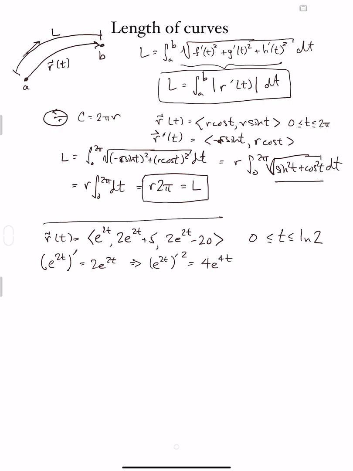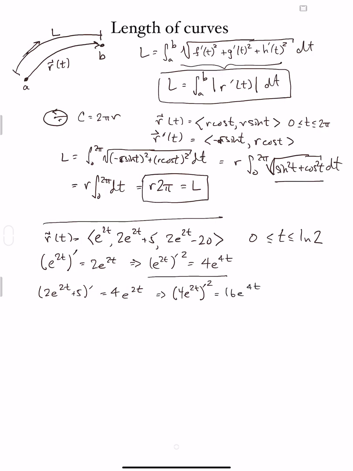That's going to be one of the values that I'll use. Then I also look at the y component and its derivative, and that is 4e to the 2t, and then I square that. The 5 has no derivative. Then I'll put it all together, and that's 16e to the 4t.